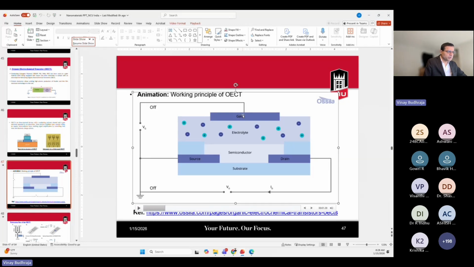When we apply the voltage between gate and source across the electrolyte, which consists of positive and negative ions, it has separation of ions like this, and those separated ions de-dope the semiconductor channel. And when we apply the voltage between drain and source, there is a flow of carriers from source to drain. And that's how it gives the current.